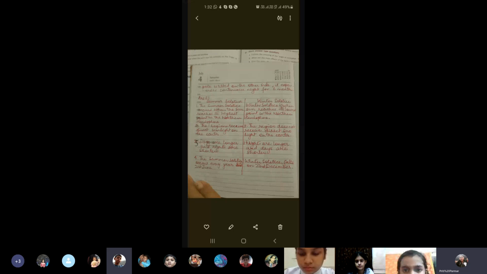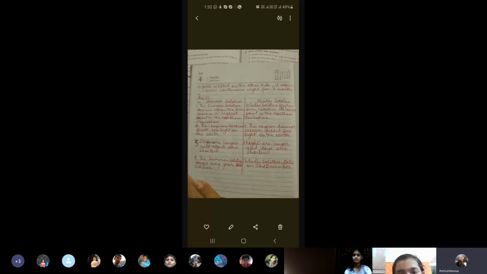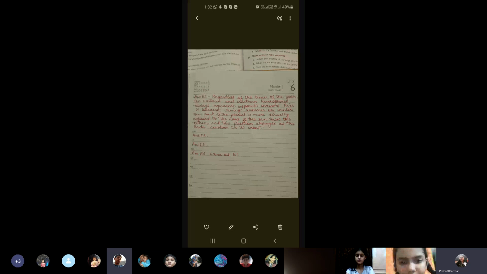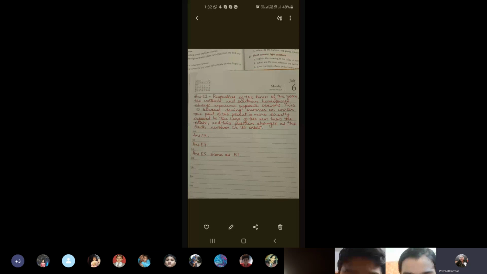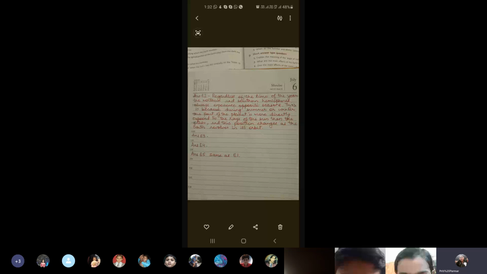Coming to the next one. Why does the southern hemisphere experience winter and summer solstice at different times than that of the northern hemisphere? Answer 2. Can you see the answer? Regardless of the time of the year, the northern and the southern hemispheres always experience opposite seasons.